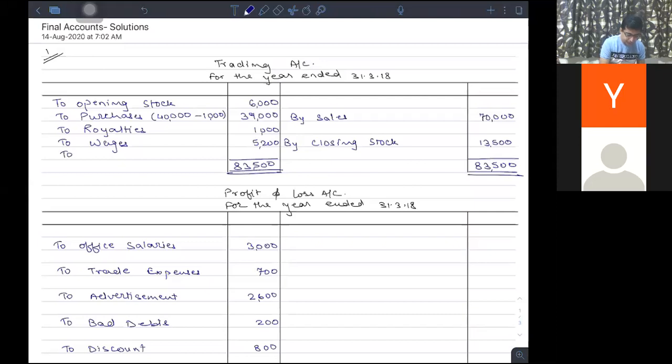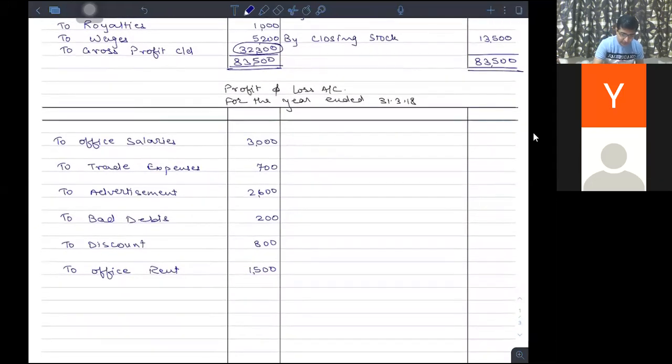So to gross profit carried down, what will that be? 83,500 minus 6,000 minus 39,000 minus 1,000 minus 5,200. That is 32,300 is the gross profit. This is our balancing figure. Correct? This will appear where? In the profit and loss account onto the credit side.